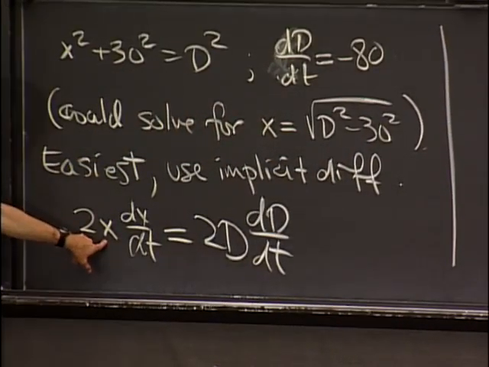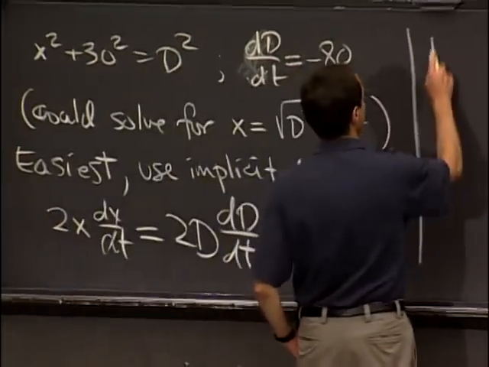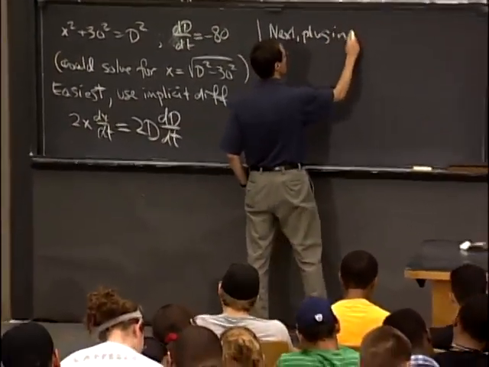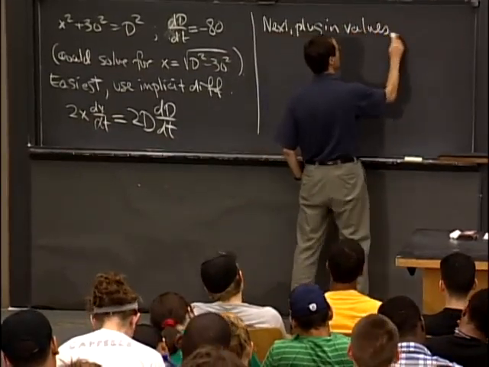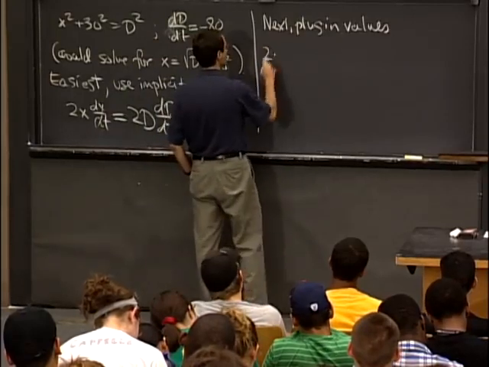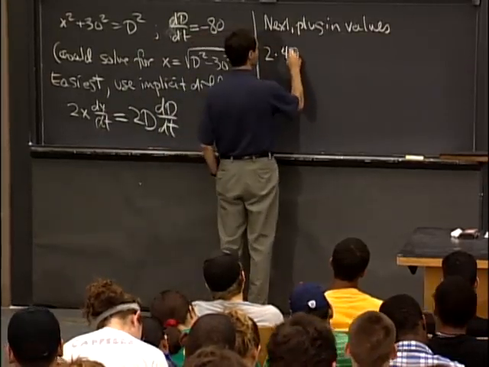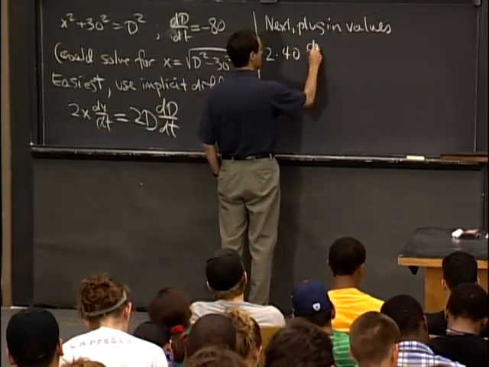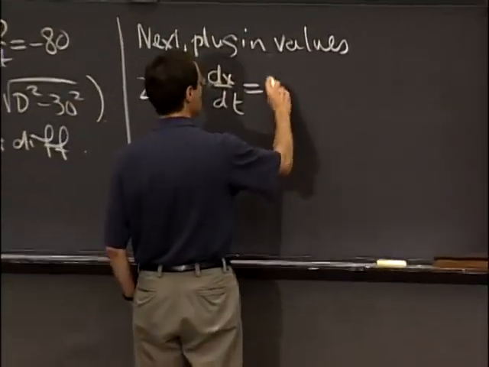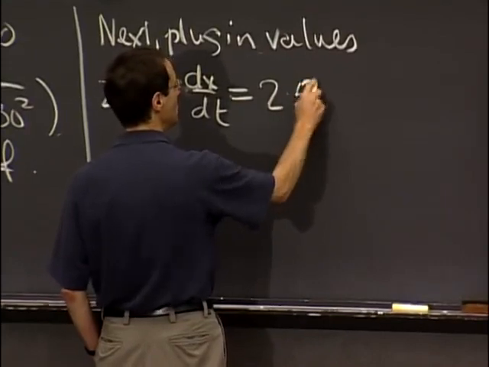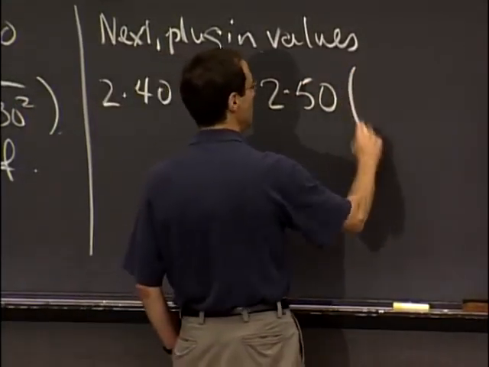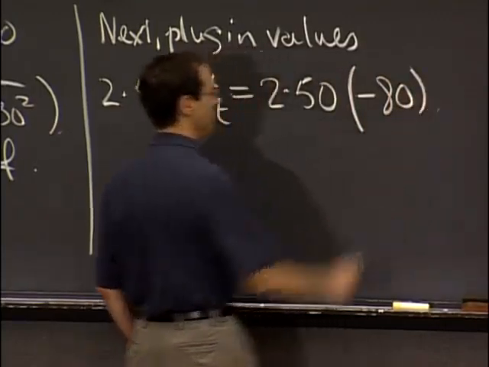Now I can plug in values. So this is after taking the derivative. And indeed, we have here 2 times the value for x, which is 40 at this instant, and then we have dx/dt, and that's equal to 2 times d, which is 50, and then dd/dt is minus 80.